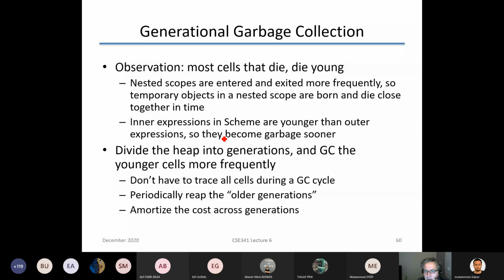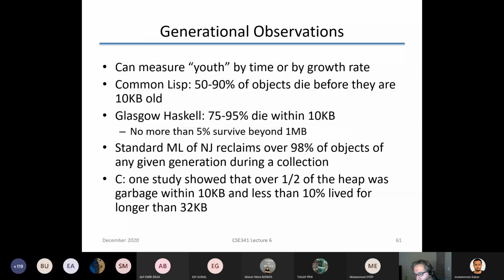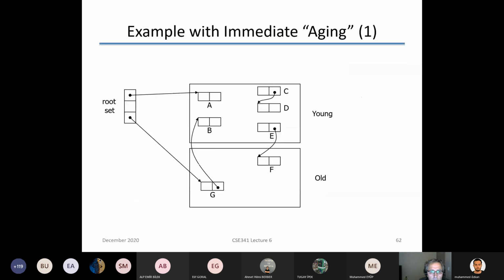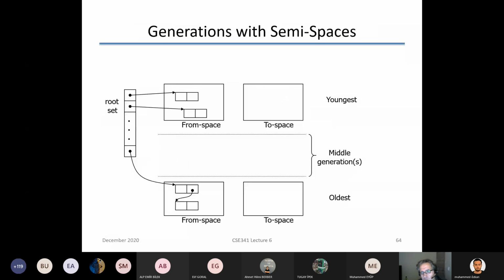So you can use this type of heuristic to decrease the overhead of the mark and sweep or this copying algorithm. So what they usually do is they put, let's say, 3 generations in this case, an oldest generation, a middle generation, and a youngest generation, and then you do this copying method, and you know that this is going to happen quite a lot, and this is not going to happen that much.